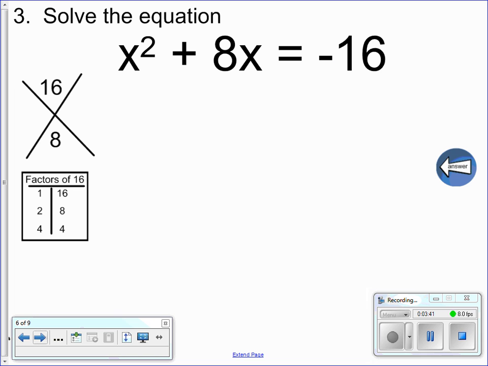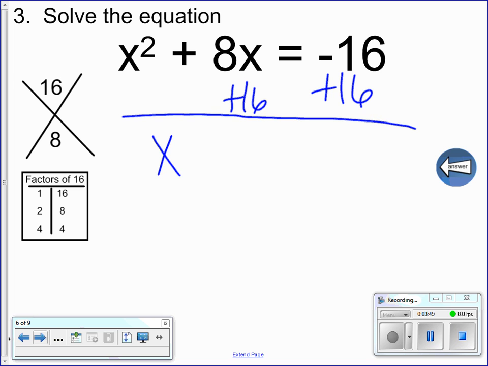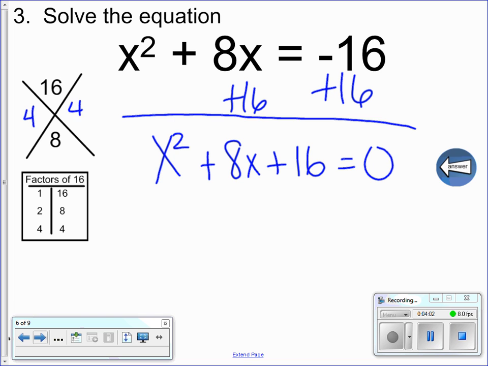All right, solve the equation. First thing I need to do is make it equal to 0. So x squared plus 8x plus 16 equals 0. What two numbers multiply together to equal 16 and add together to equal 8? That would be 4 and 4.